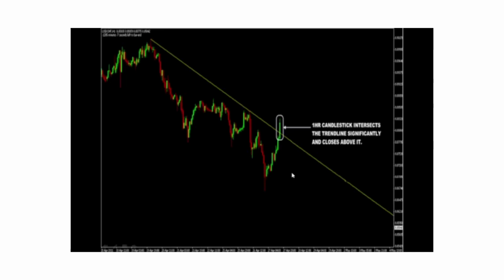Now notice, if you see a shorter body on the candlestick that intersects the trend line and closes above or below it, this is likely an indication that the market has lost momentum, even though it has intersected the trend line and may close above or below it.